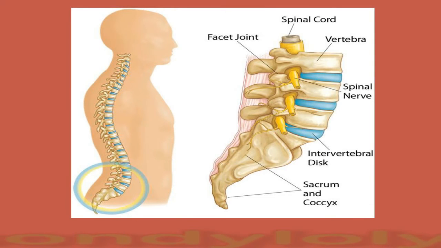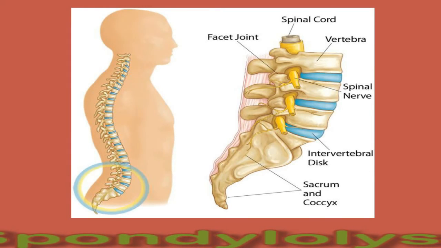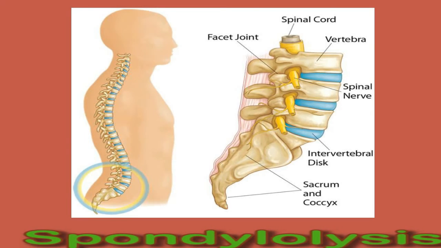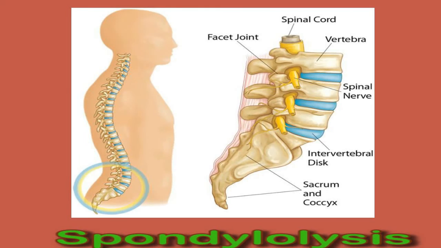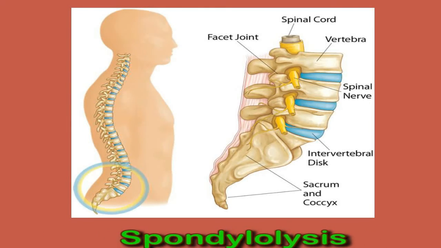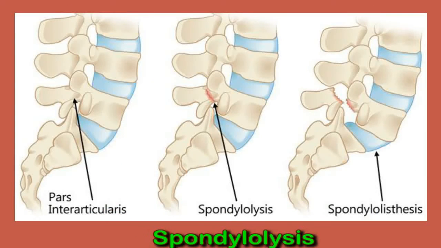Spondylolysis. Spondylolysis is a stress fracture in a spinal vertebra that often occurs in younger athletes, such as those who play football or do gymnastics. A person with spondylolysis may have difficulty maintaining a straight, upright posture, and the medical term for this is spondylolisthesis.